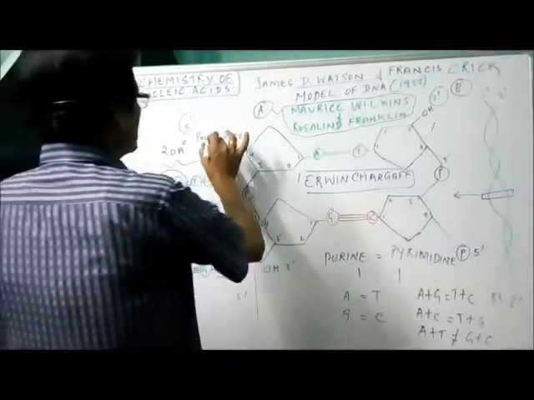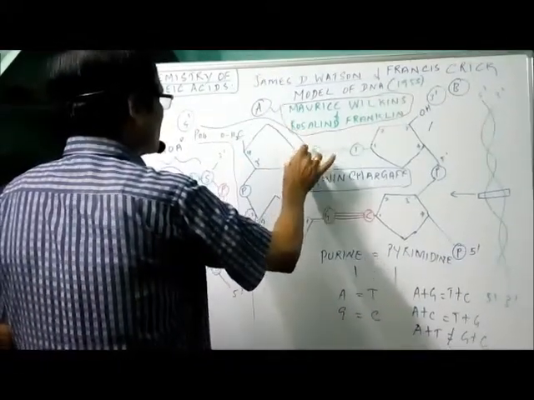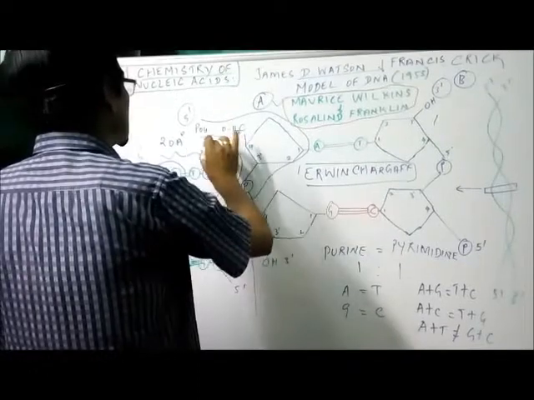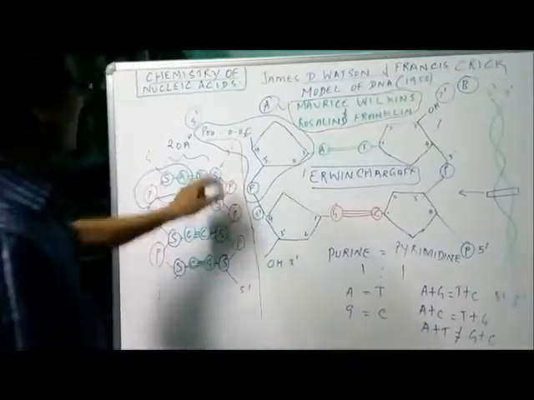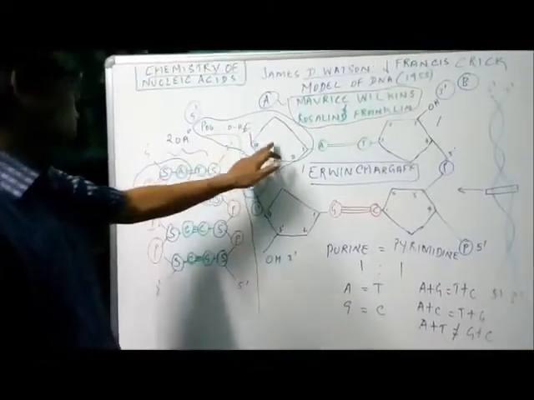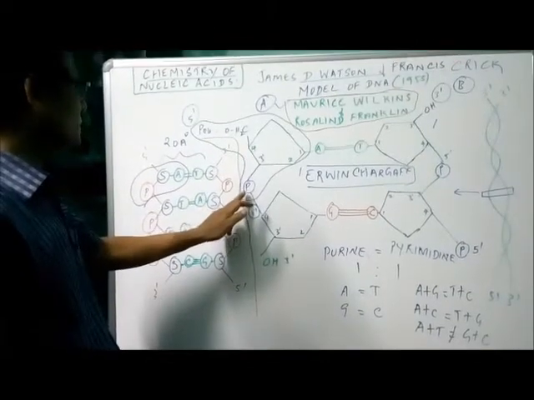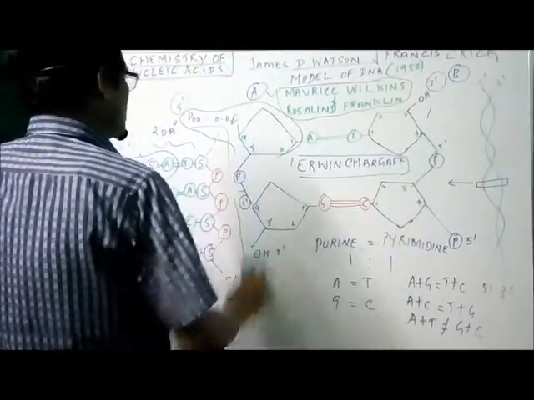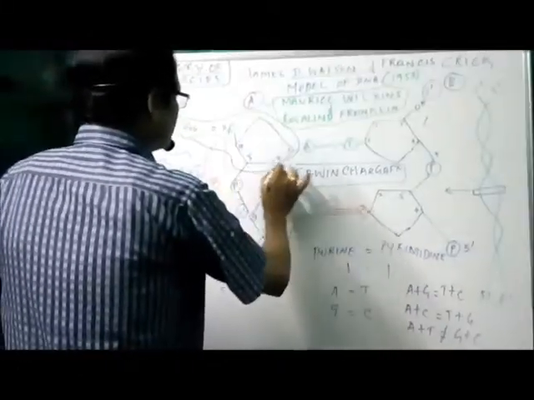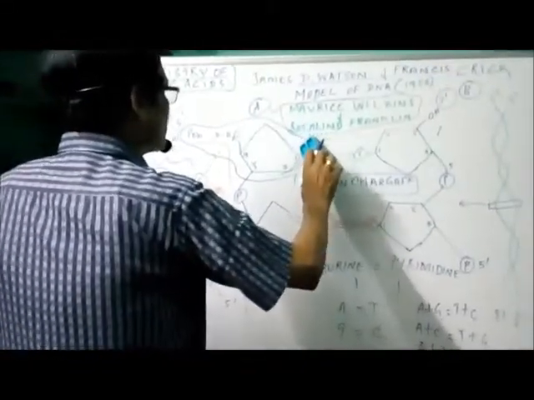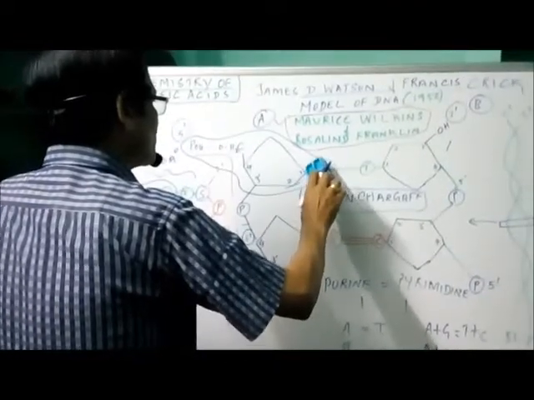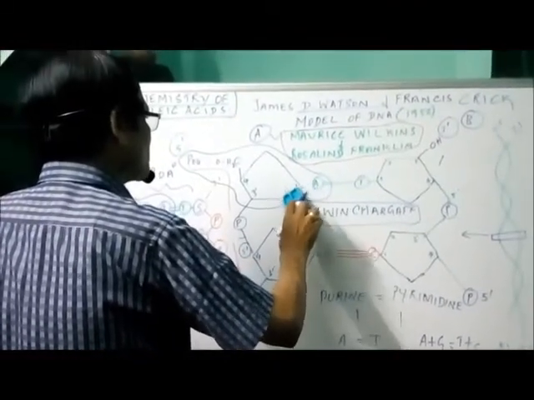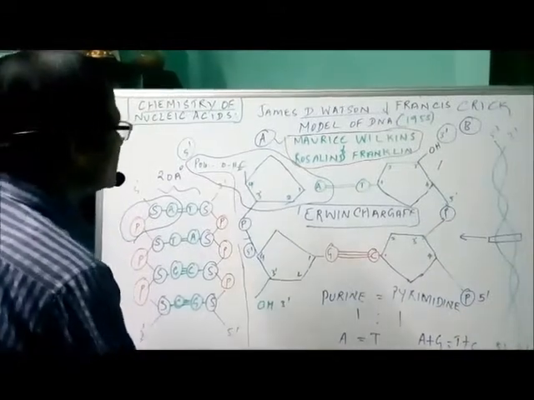Likewise, this is a nucleotide: a phosphoric acid molecule, a sugar, and a nitrogen base. Sorry, I am making a mistake. So a nucleotide is formed of the free phosphate group, the pentose sugar and a base, adenine. So it is adenylic acid.